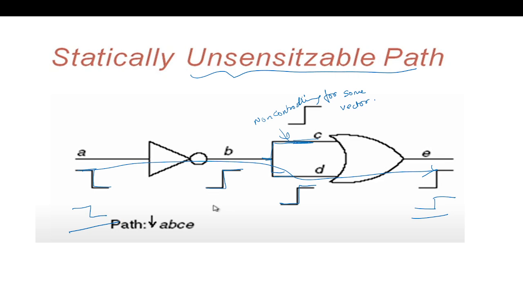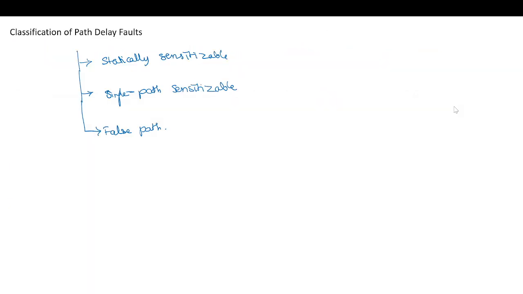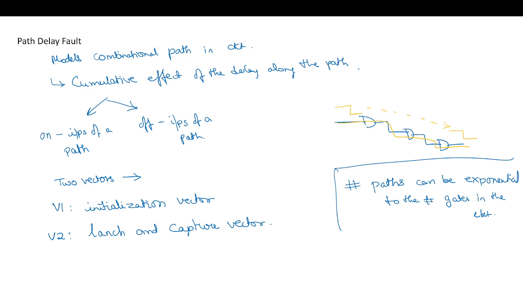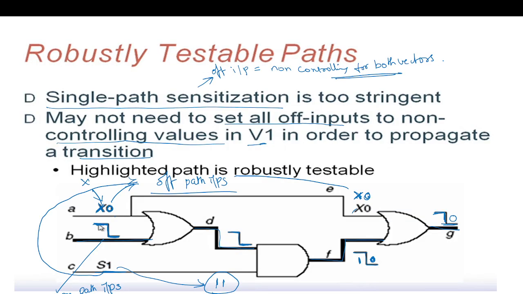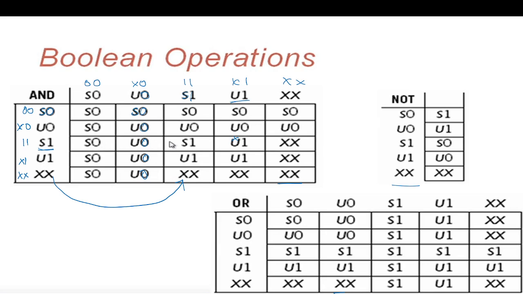Okay. Why are we using this algebra? Because we wanted two vectors, v1 and v2, where v1 is the initialization vector and v2 is the vector for launch and capture. And we have seen that for testing, two vectors are needed, and for both the vectors, we want to define whether it is a don't care and the logic 0 or logic 1, or whether it is strictly 0.